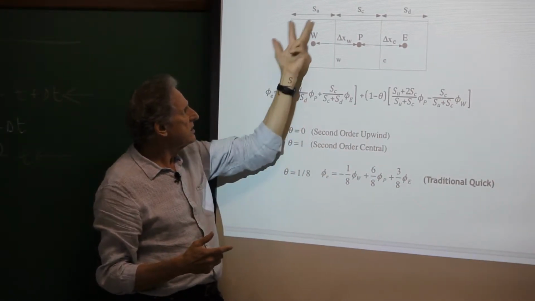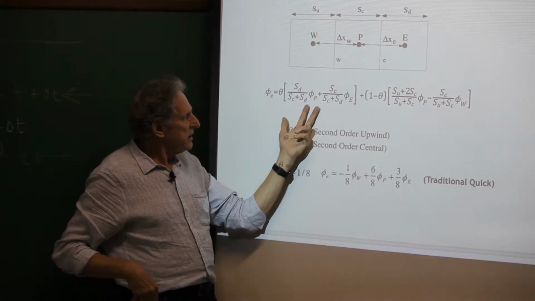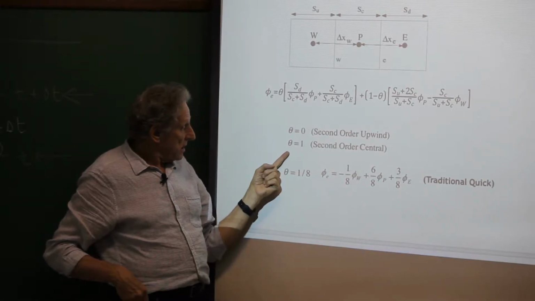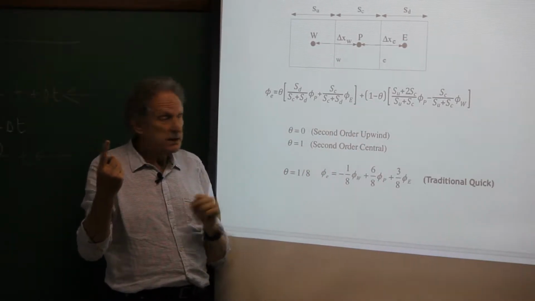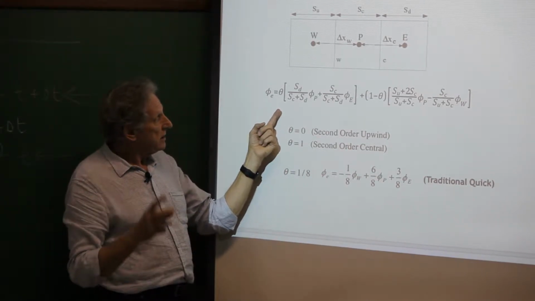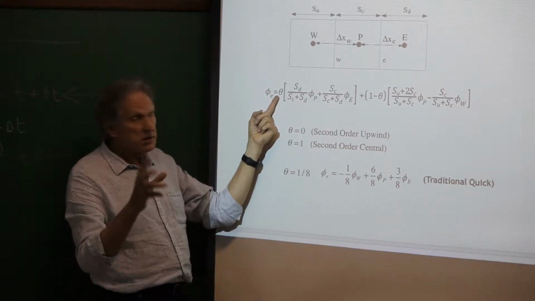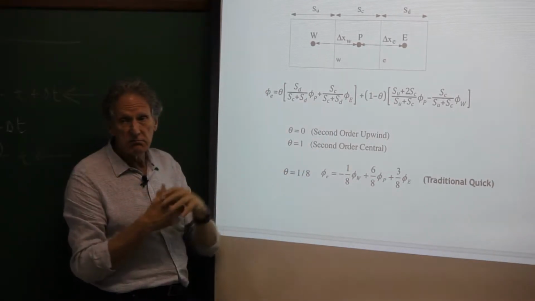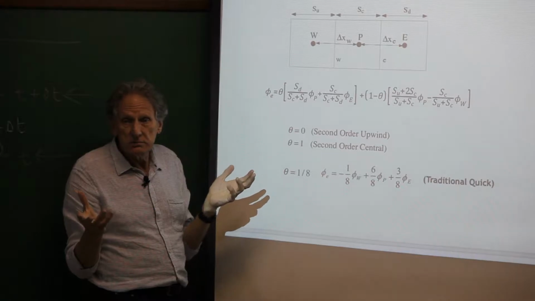This is the distance. See, if you put theta equal to 1, this term drops out, and you will have an average of phi P and phi E, which is the central differential scheme.